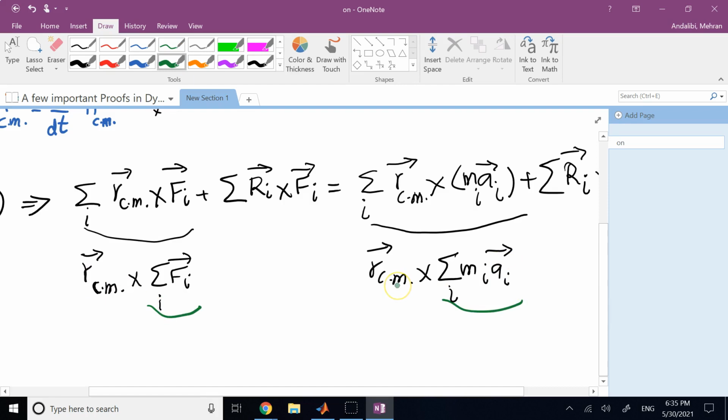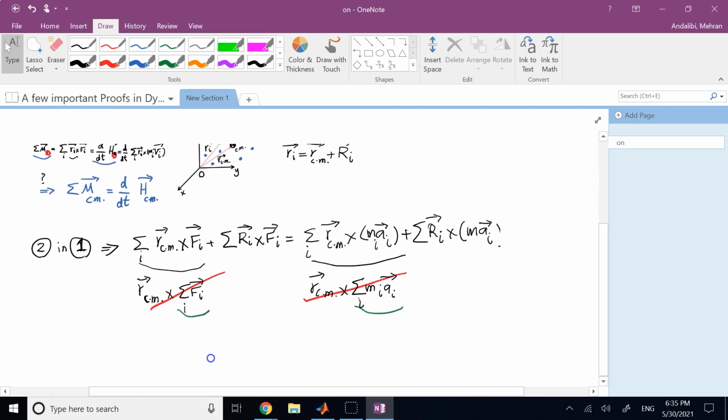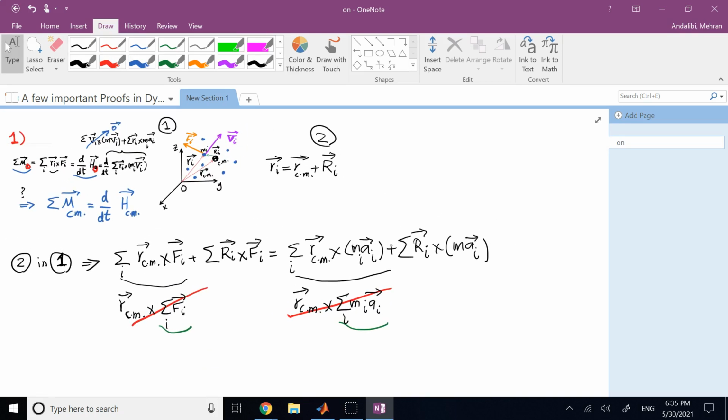And the RIs are the same, RCMs are the same term. So these two terms are exactly what? Equal. Therefore, I can easily what? Cancel them from the two sides of this equation, right? So two of them are gone. That's good, right? The less the better, as we are looking into this nice formula in blue.